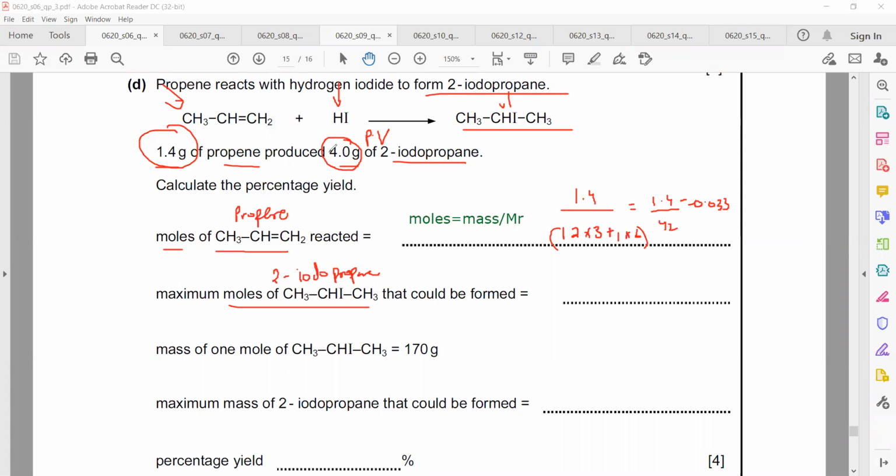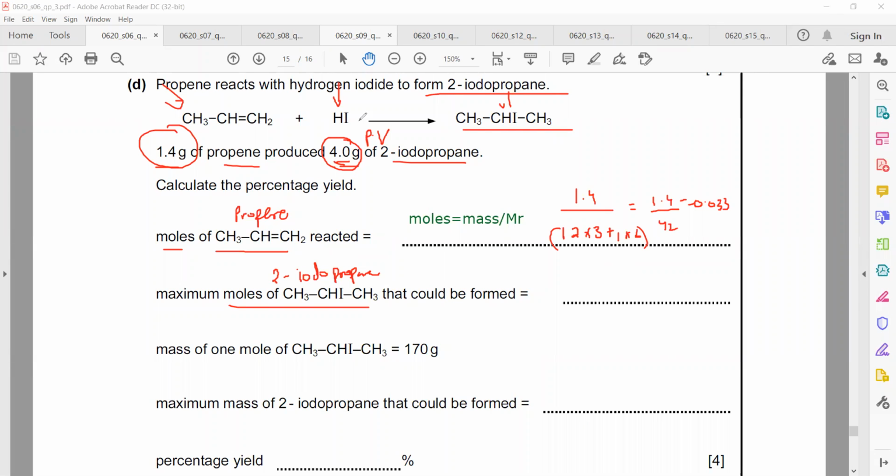Because this 4 gram is a practical value. Practically, we are getting 4. But what we want to find is the theoretical value, and the theoretical value is always higher than the practical value. That's why we will not use this mass.